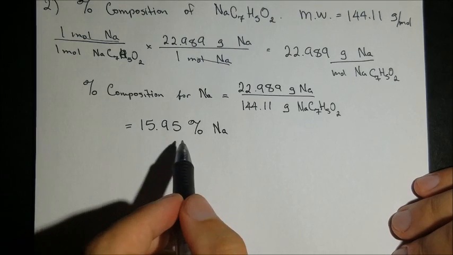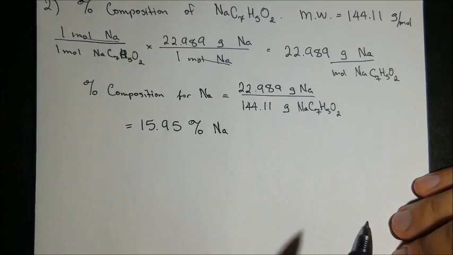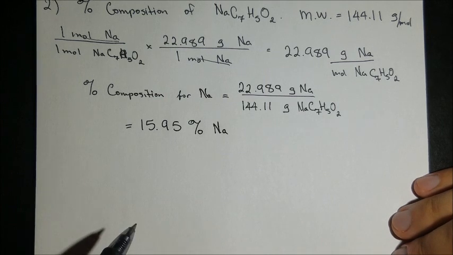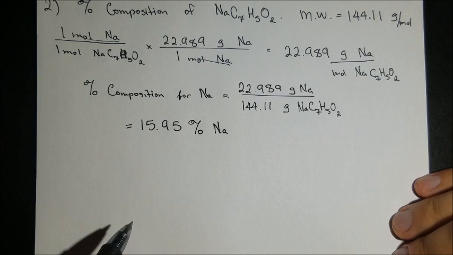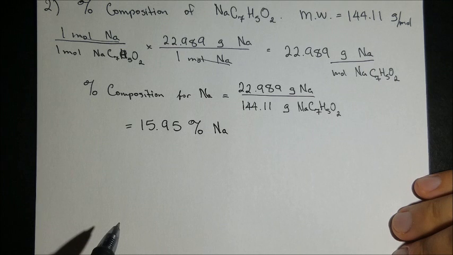So by mass, that is the portion of the total mass of this molecule that is sodium. So for number 2, it's a little bit more difficult now because I have both A and D that can be the right answers according to this, because both A and D have 15.95% sodium. So I have to do one more element to elucidate which one of those is the right one.